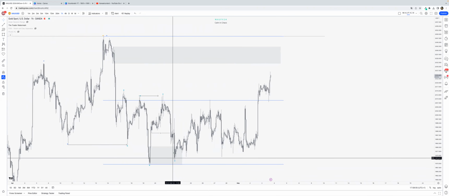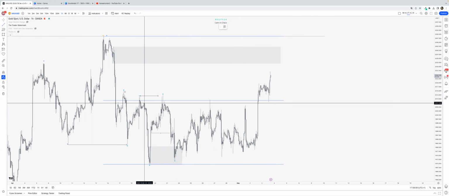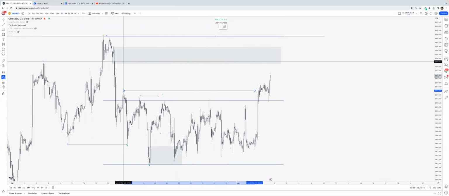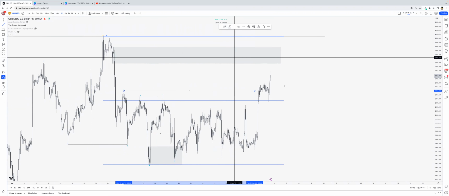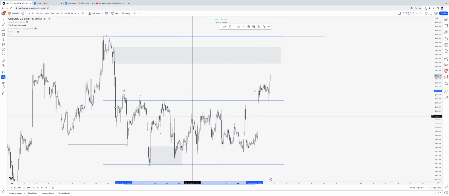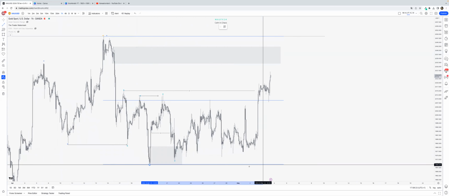And we can see that we have this liquidity pool. It's been taken out. And then from here, we can look for sell setups. We got big liquidity building up to the downside as well.